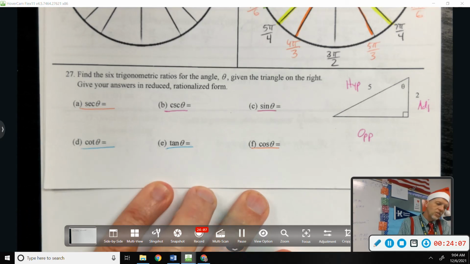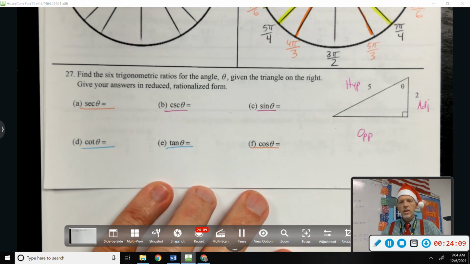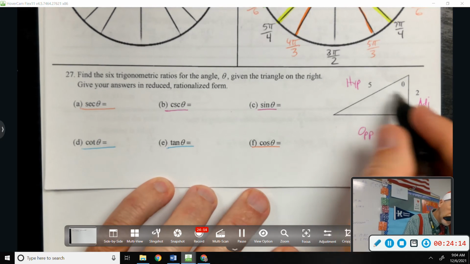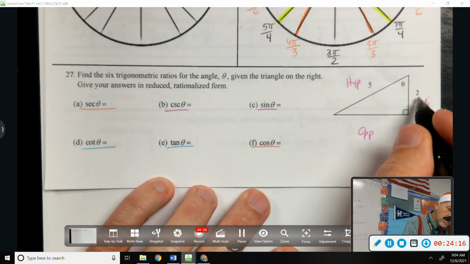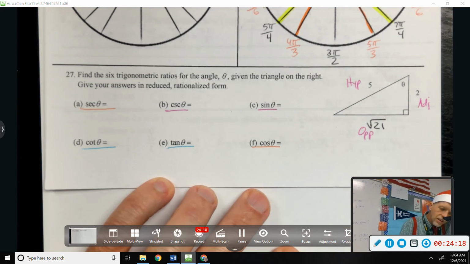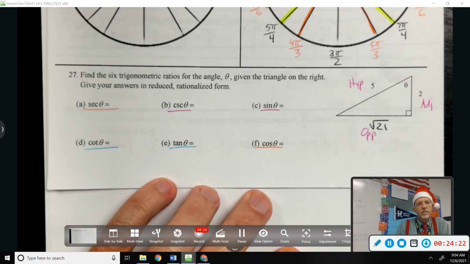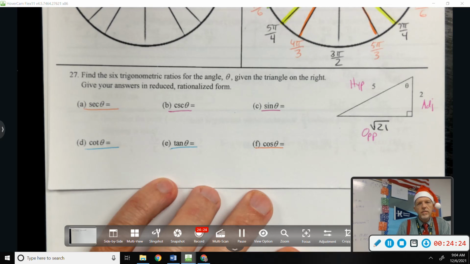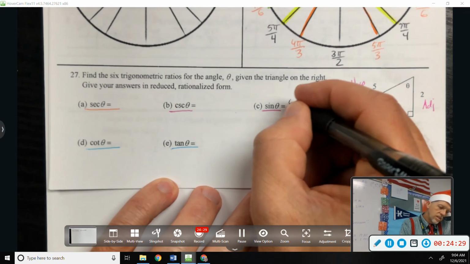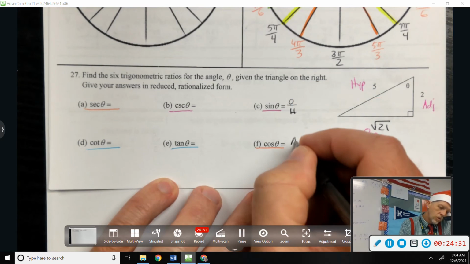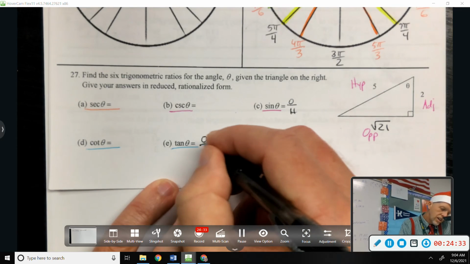Tangent and cotangent go together. And a squared plus b squared equals c squared. And then we're ready to go. Now we've got everything and everybody's labeled. So, SOH CAH TOA.